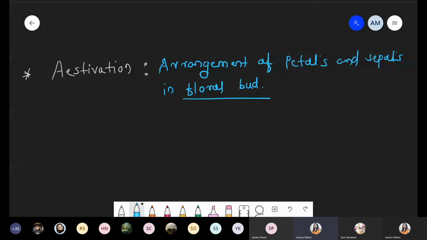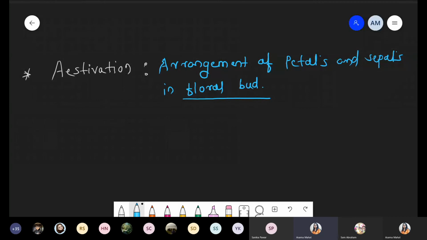Kindly divide your page into 4 parts, because we are talking about 4 types of estivation: valvate, twisted, imbricate, and the vexillary estivation. So please divide your page into 4 sections. We have to draw a diagram here. Now we have to write down what exactly the characteristic is, how to identify, and third point, that is example. Got it? Yes.